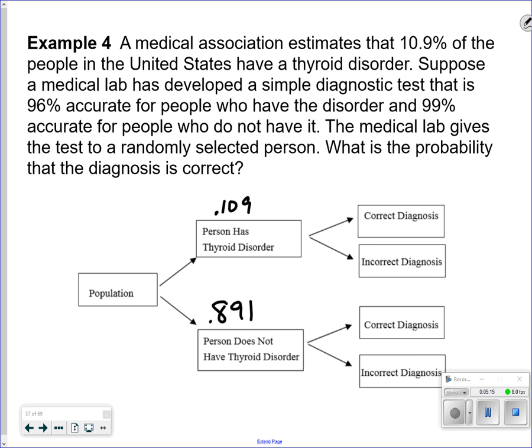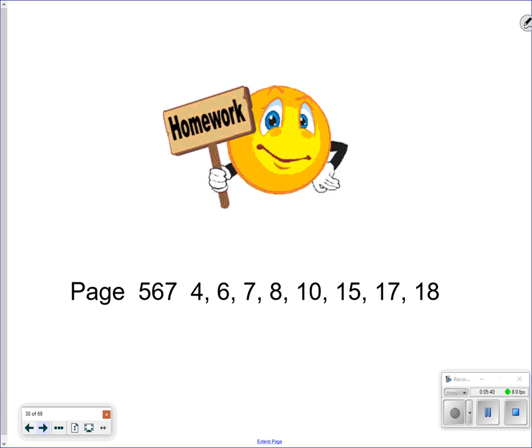Now, when you test somebody that has the disorder, it's 96% accurate, which means it's 4% incorrect. And then it's 99% accurate if you don't have the disorder, which means it's 1% incorrect. Now, here's what I want. I want to know the probability that a person is chosen here and the result is correct.